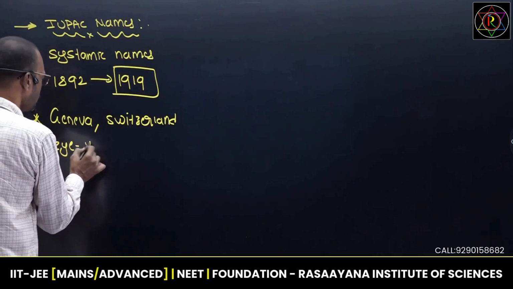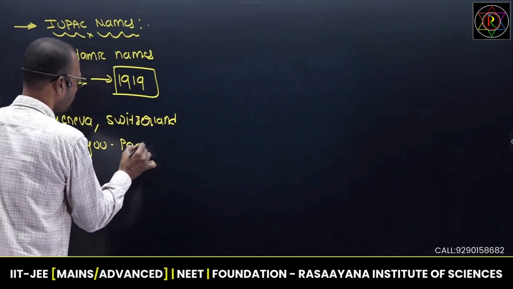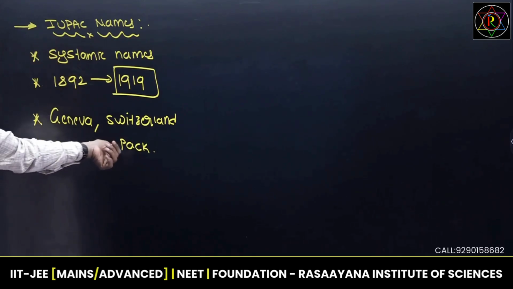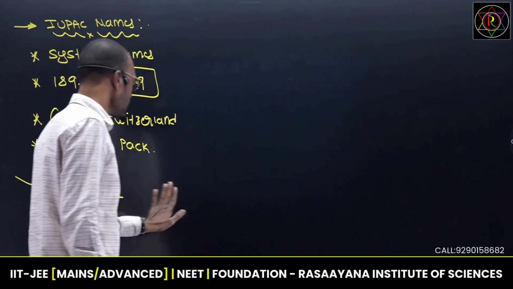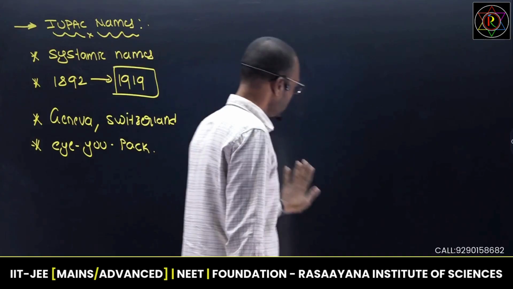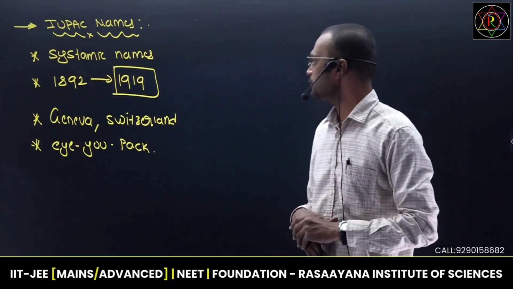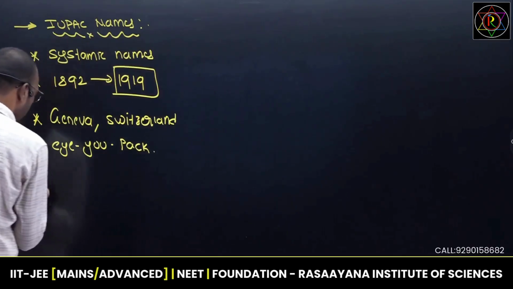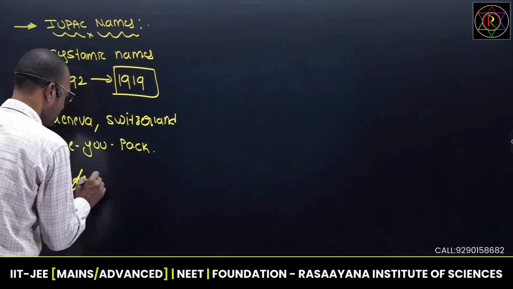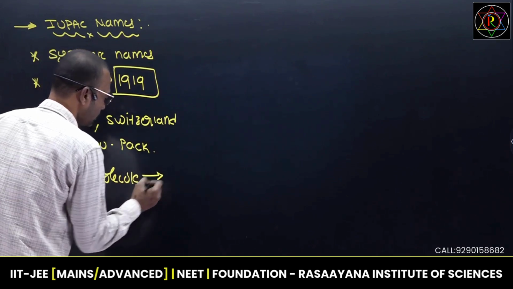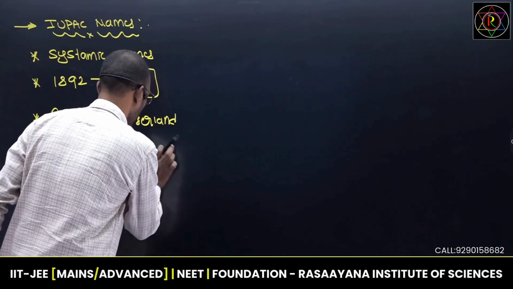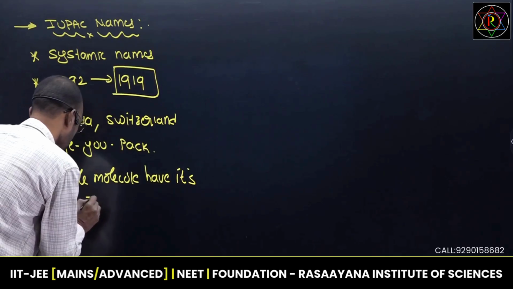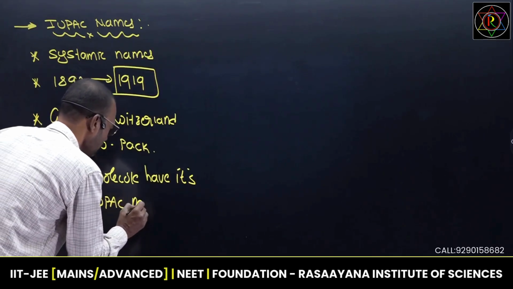This is the clear way of representing the nomenclature of an IUPAC molecule. It is located in Geneva, Switzerland, introduced in 1892, completely established in 1919. Every single molecule has its own IUPAC name.